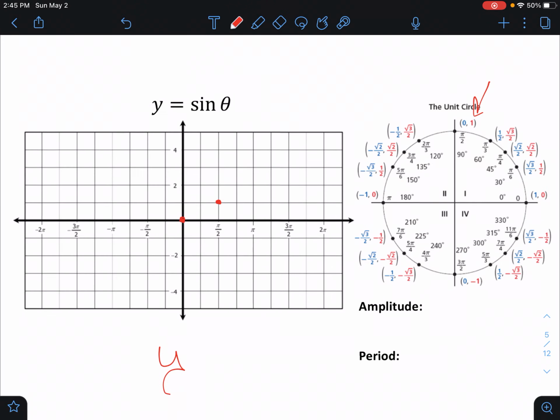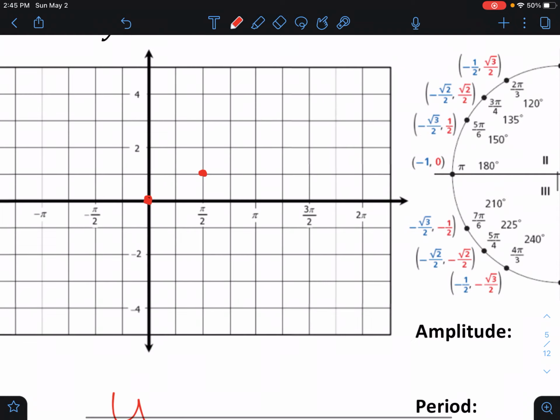And I'm just going to continue to work my way around this unit circle. Now, if you go to 3 pi over 4, you're going to get square root of 2 over 2, which is about 0.7 something. That's not a super nice number to deal with, so we're going to stick with easy ones. So at pi, it is going to be equal to 0.